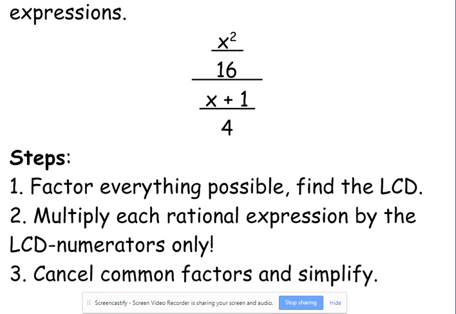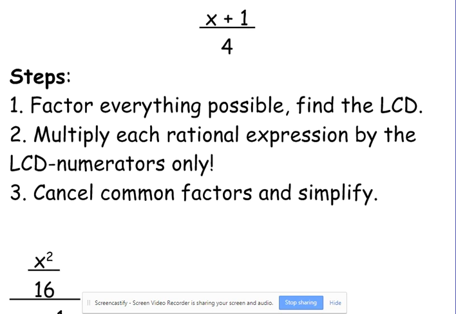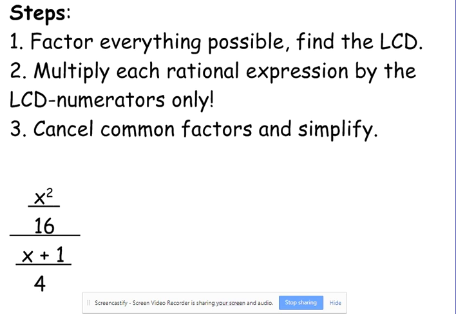Okay, so that's kind of the strategy that we're going to take to do this. So for this one, the LCD would be 16.